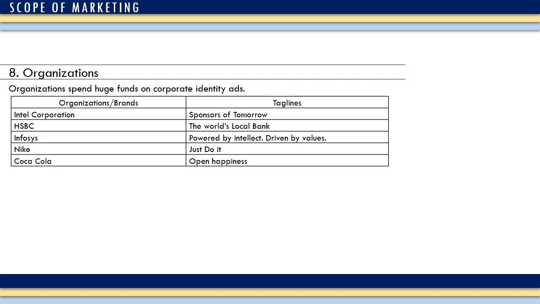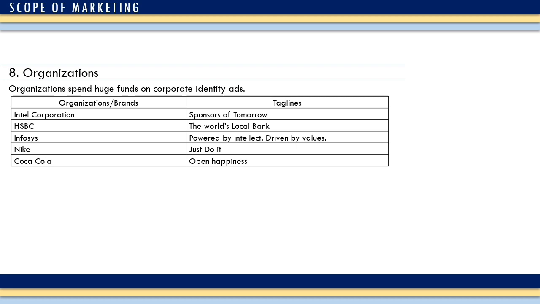But what about the organization itself? So some of the organizations have also realized that it's not just promoting product and services, but also it is very important to establish a very positive brand image in the mind of public. Because by establishing a good brand image, you're trying to create reputation, you're trying to create goodwill.